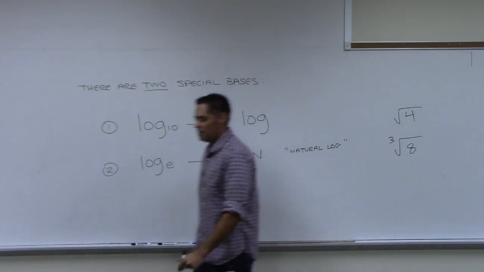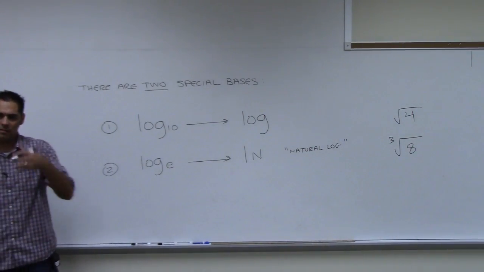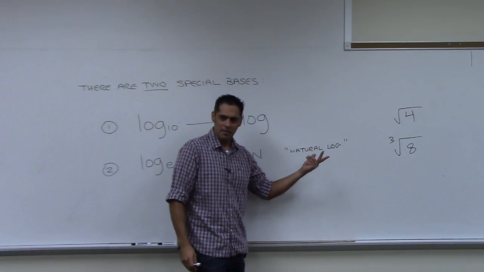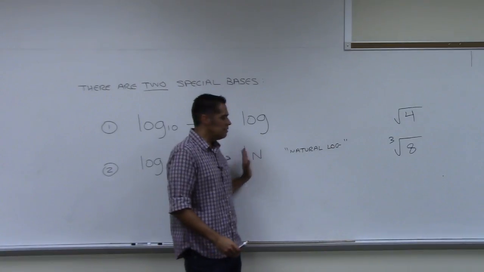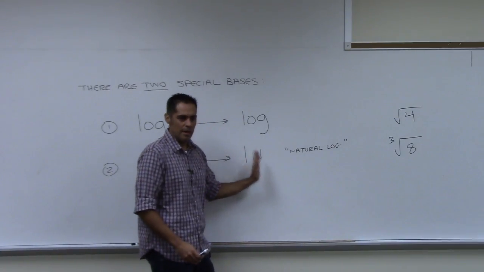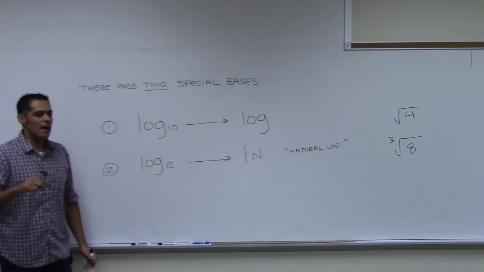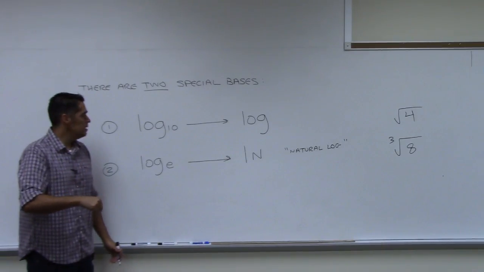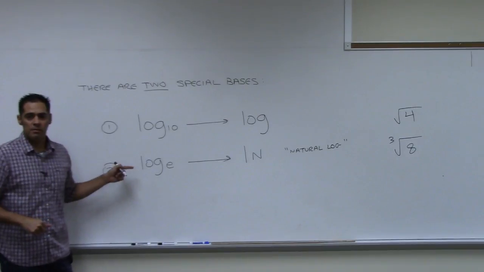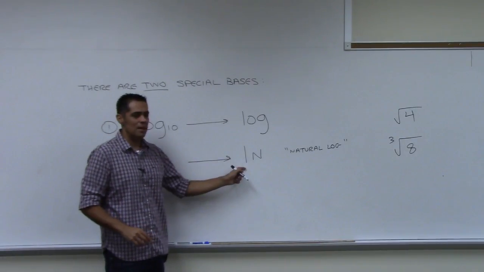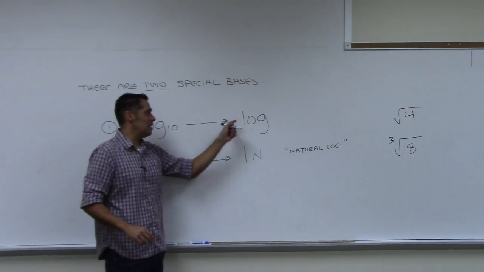Because the French would say logarithme naturel, something like that. So natural log is written ln. You have a key on your calculator for both of these. And they're different keys. If you want to do this, you can't use this key, and if you want to do that, you can't use this key.